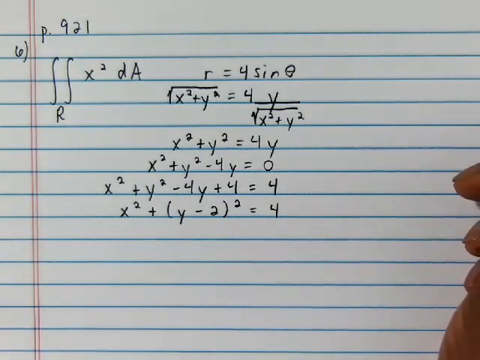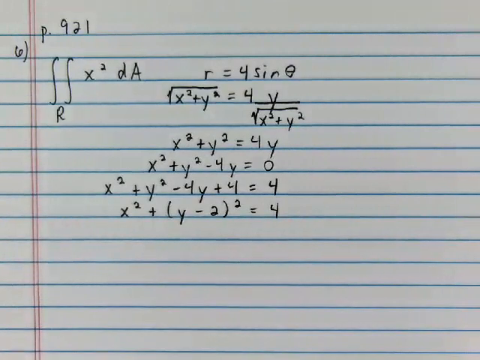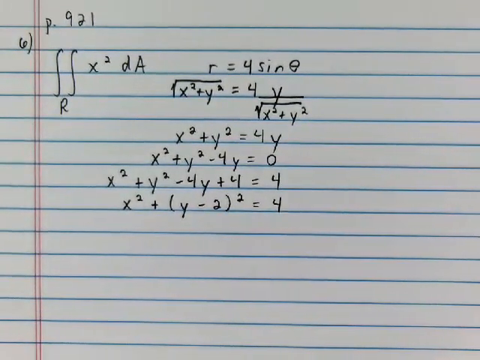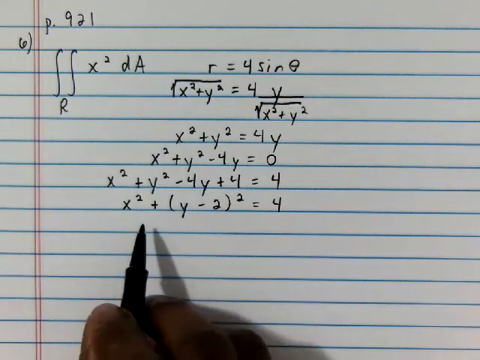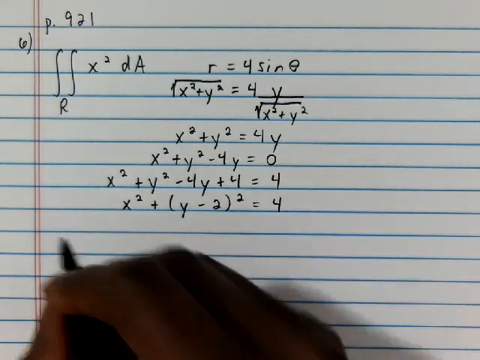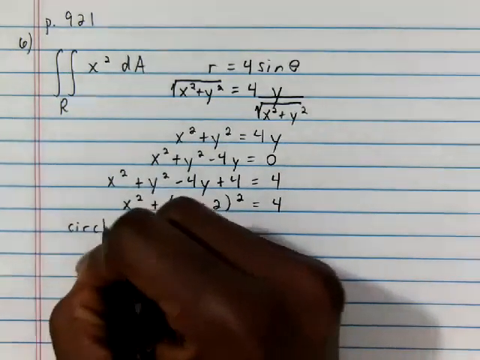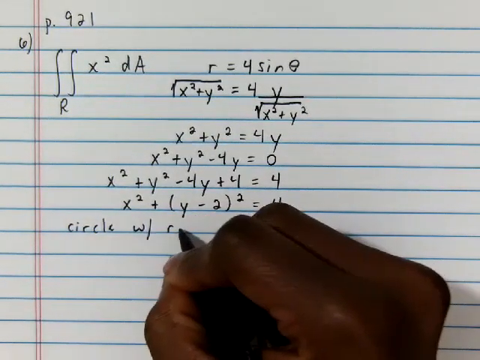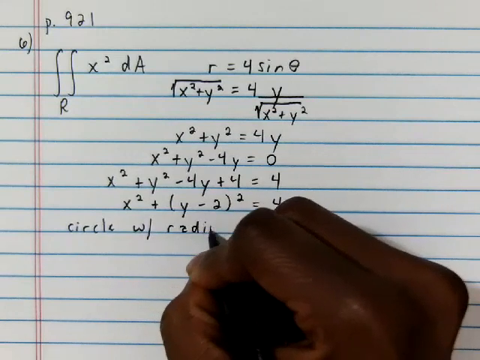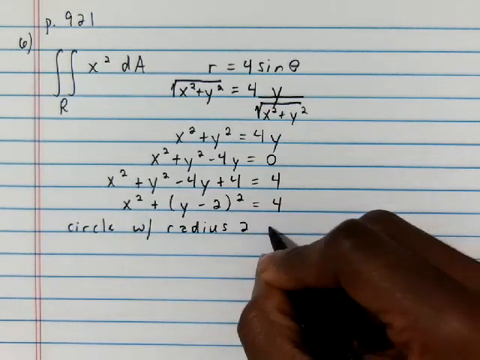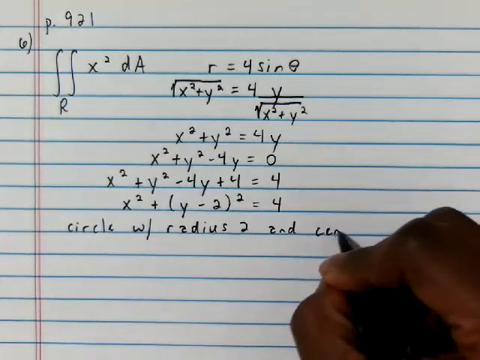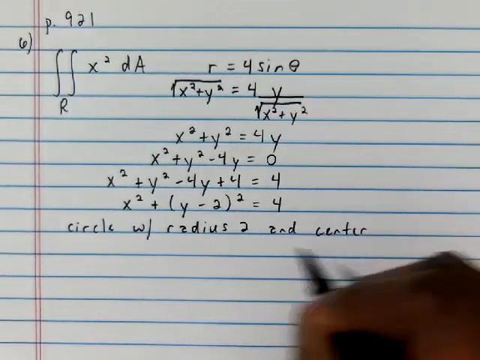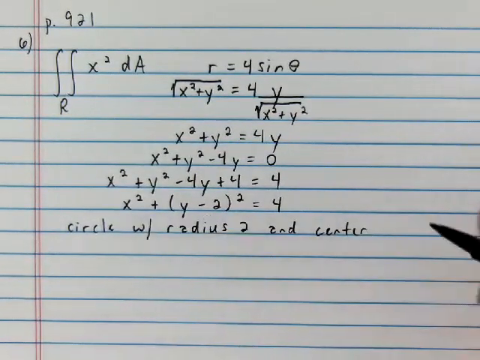And now we can see, remember this is a planar region. We're not talking about something in 3 dimensions right now. They just told us the region R. So this is something in the XY plane. So this is just going to be a circle with radius 2 and center (0, 2).